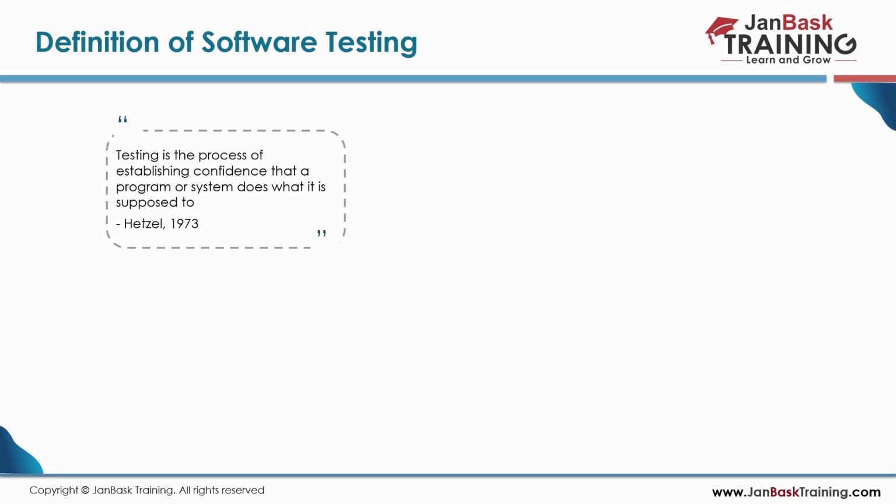Once you have tested your application, it gives you the confidence to say that what you were expecting out of this product or software, it is actually doing. That is one definition of software testing.